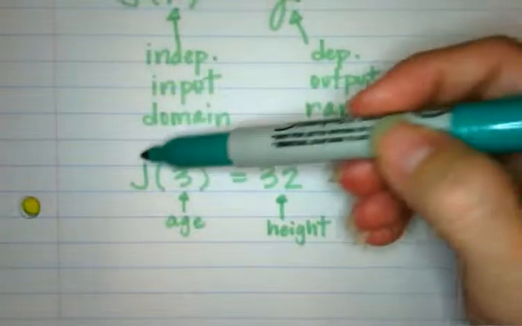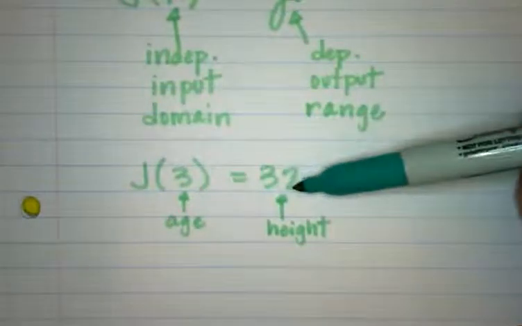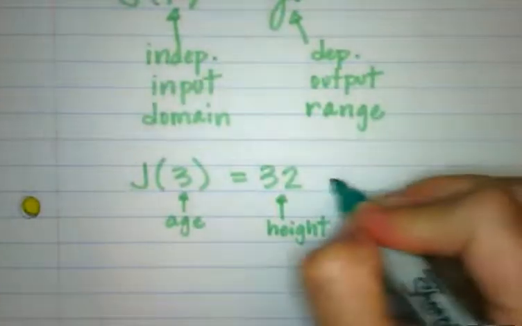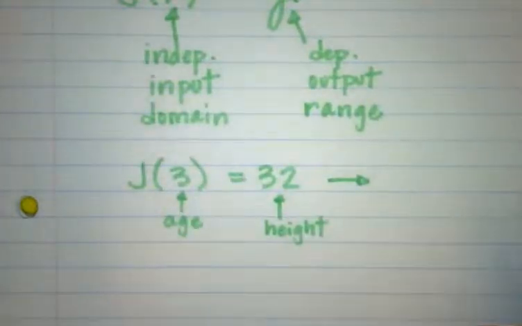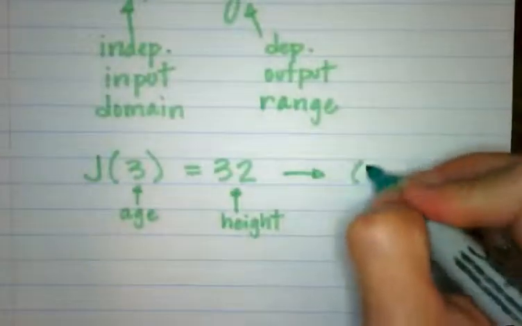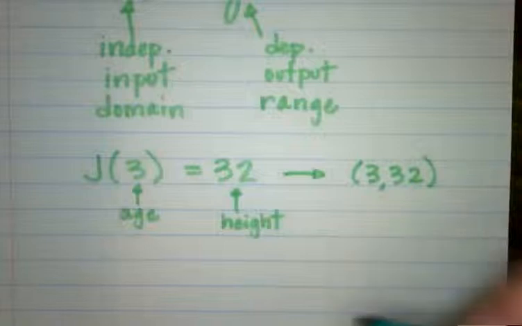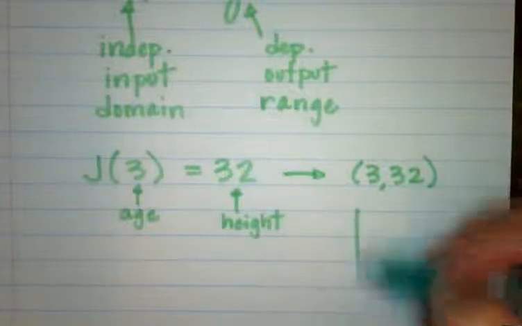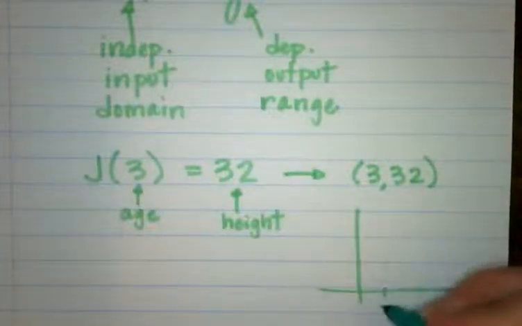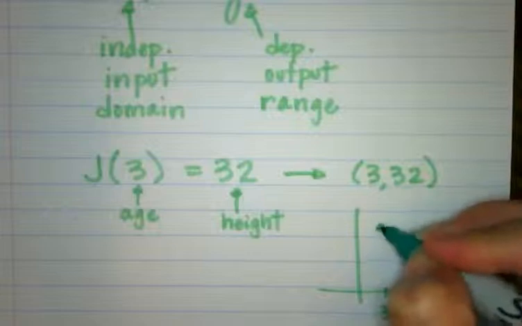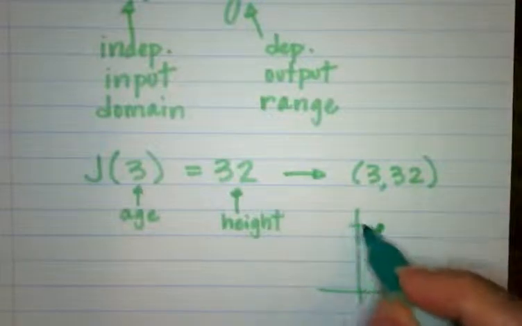So this is saying Julia at age 3 was 32 inches tall. I also told you that what this ends up transferring to is an ordered pair, which would be 3, 32, which then we could go and graph the point 3, 32 among the other ones.